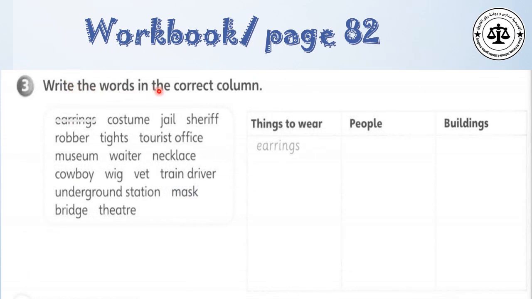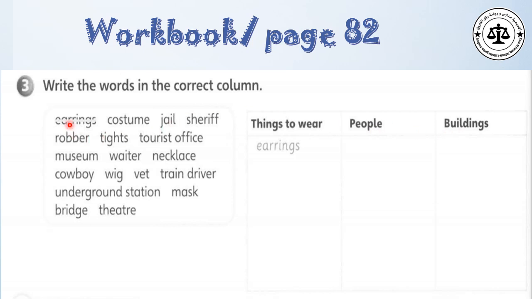Write the words in the correct column. Okay, here we have things to wear, أشياء نلبسها, people, أشخاص, and buildings, مباني. ونصنف هذه الكلمات to things to wear or people or buildings. Okay.